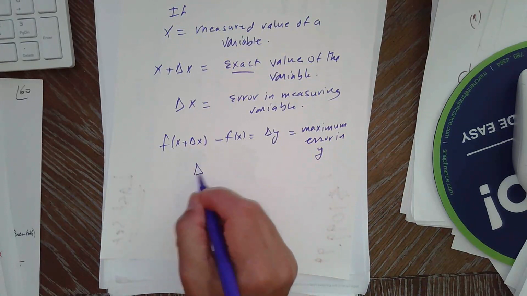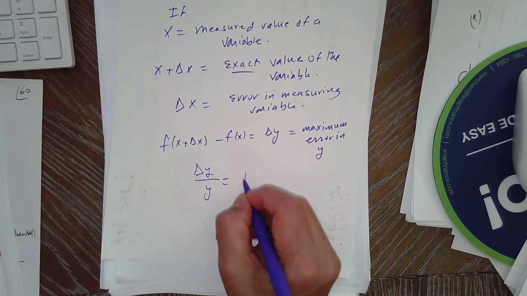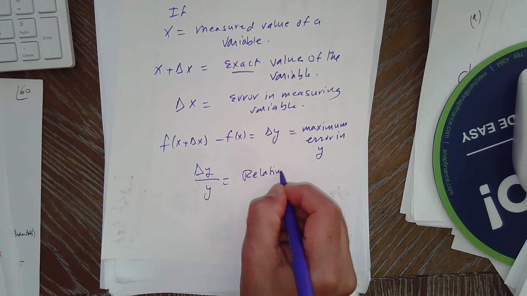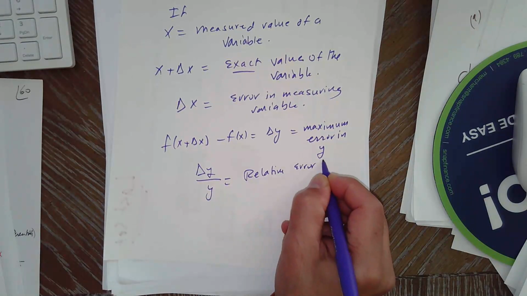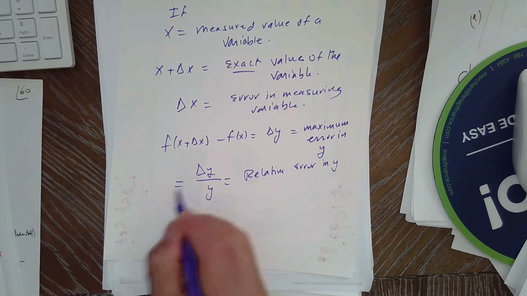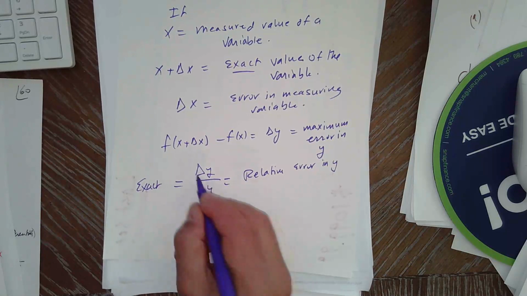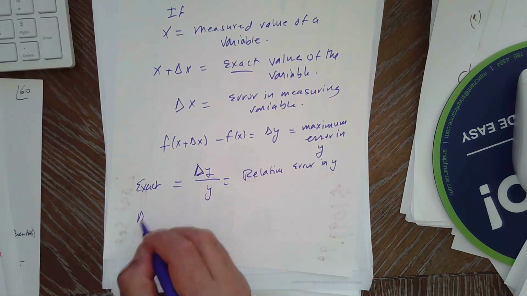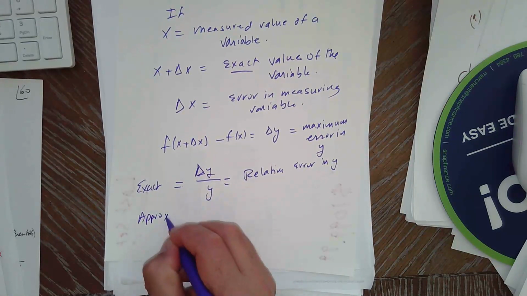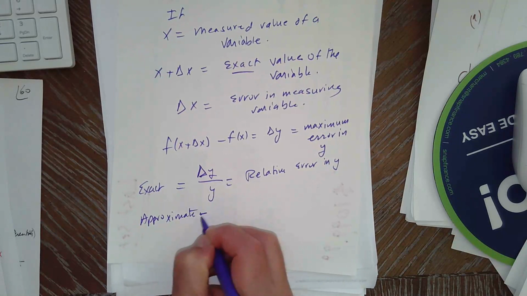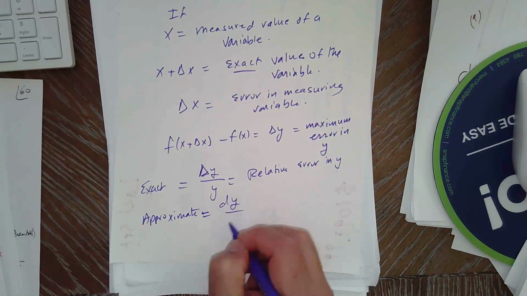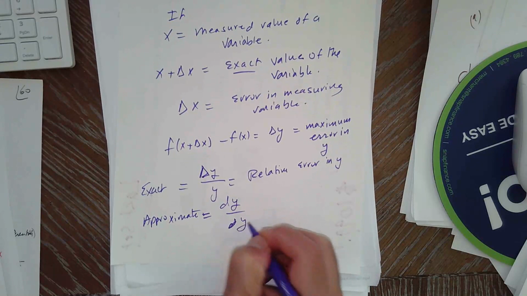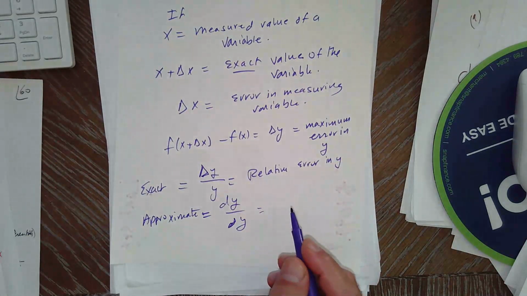And if you do delta y over y, it's called relative error in y. Now these are exact values. Why exact? Because it is using delta y. If they want approximate values, remember, approximate, you're using the tangent line, so using dy over y, which is the estimated relative error.